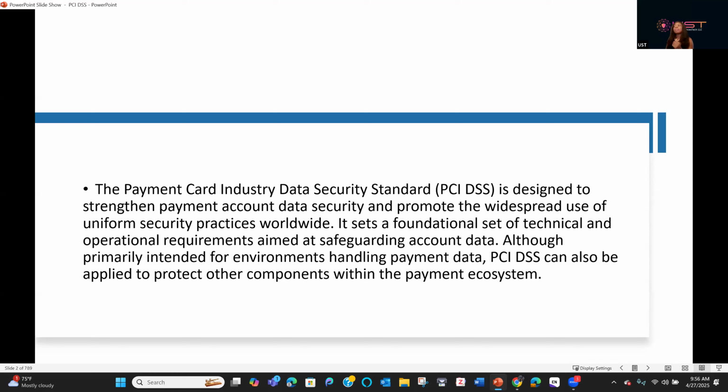aimed at safeguarding account data. Although primarily intended for environments handling payment data, PCI DSS can also be applied to protect other components within the payment ecosystem. And I just also want to say that for those of you who've watched the networking video, now you start understanding. Remember when we went through web server, we went through application server, we talked about databases, we talked about DMZ, we talked about networking and switches.